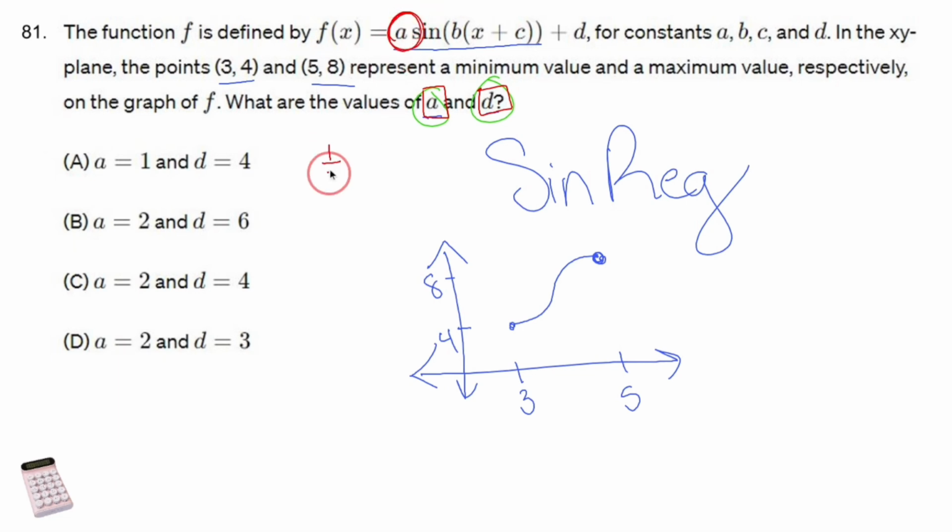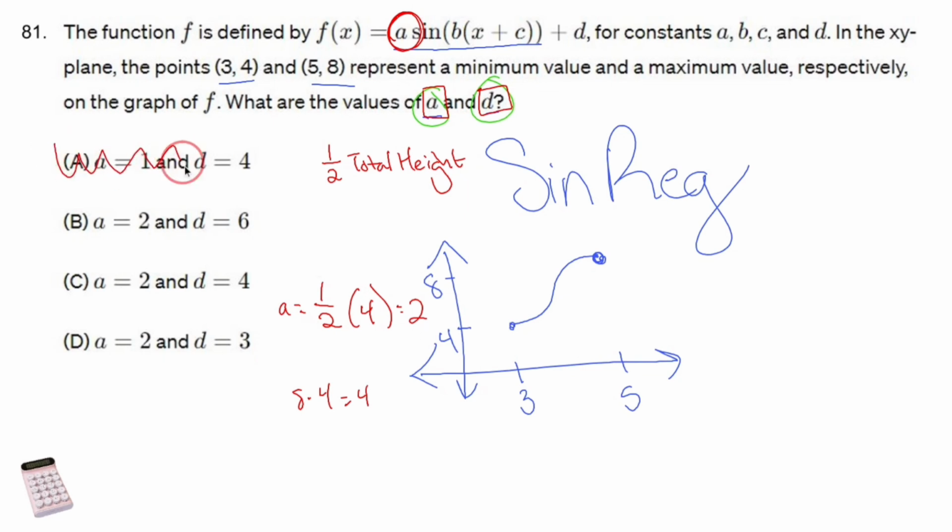Amplitude is half of the total height. If I look at my total height here, I go from 4 to 8. So 8 minus 4 is 4. Half of 4 is 2. So my A is going to be 2.